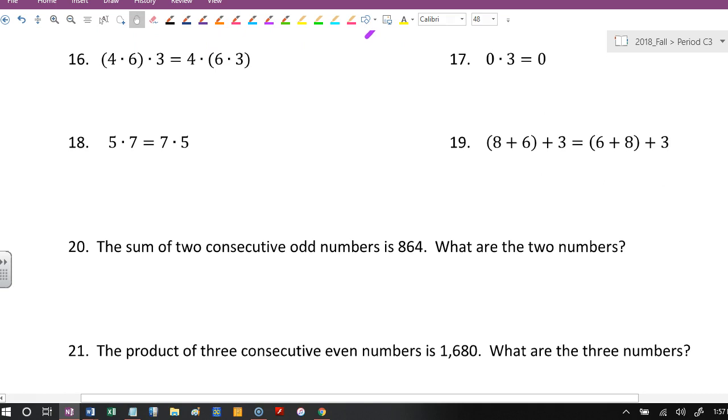So number 16. What property is that? Associative property of multiplication. Okay, now he says this is associative property of multiplication. How can you tell? Because they're in groups, and the groups change because it says 4 times 6, and it equals 4. It still equals 6 times 3. Good.